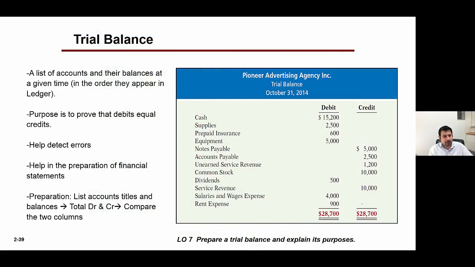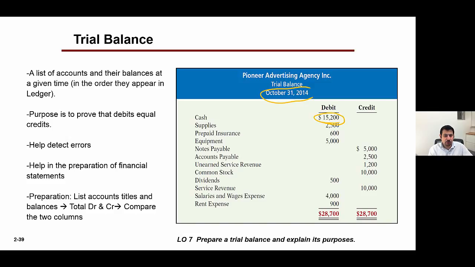So the trial balance is a list of the accounts and the balances at a specific date. This is like a snapshot. So on October 31st, the balance for the cash account was 15,200.